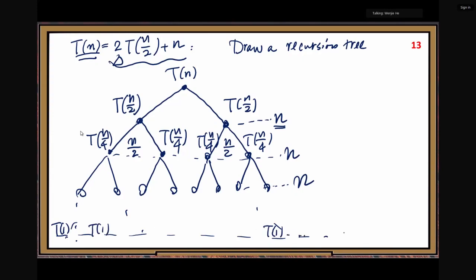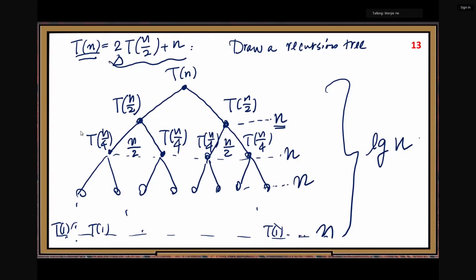Here the question is, how many levels do you have? Every time you divide by 2, when do you reach the bottom? Approximately 1. Is it approximately log of n? Yes, approximately log of n.